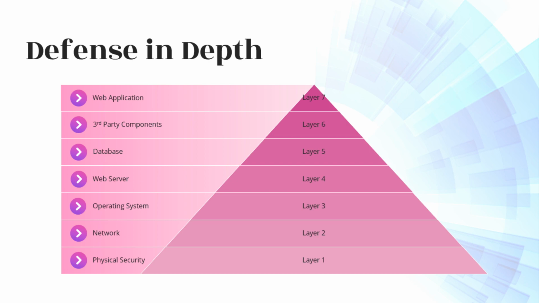So I will start off with my physical security, for example. I need to make sure that my servers are laid out in a secure physical environment. I need to provide security on my network layer as well. My access to the network, for example, has to be protected. My Wi-Fi access also has to be protected, and so on. I need to provide protection on the operating system level.